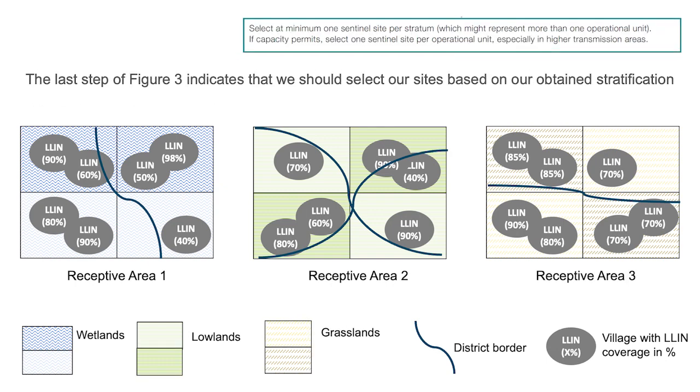Next, in the last step of Figure 3, we are instructed to select our sites based on obtained stratification. At this point, we have identified 2 epidemiological strata in each province, high transmission and low transmission. We have also identified 3 ecological strata, wetlands, lowlands, and grasslands. And in each province, we have identified 2 to 4 districts. We can also specify strata by long-lasting insecticide-treated net coverage, high from 80% to 100%, medium from 50 to 79%, and low below 50%.